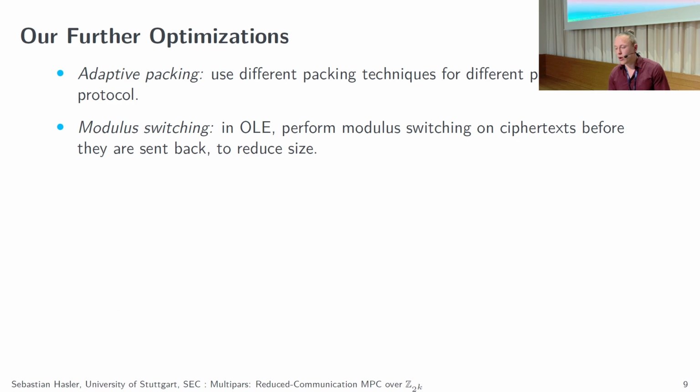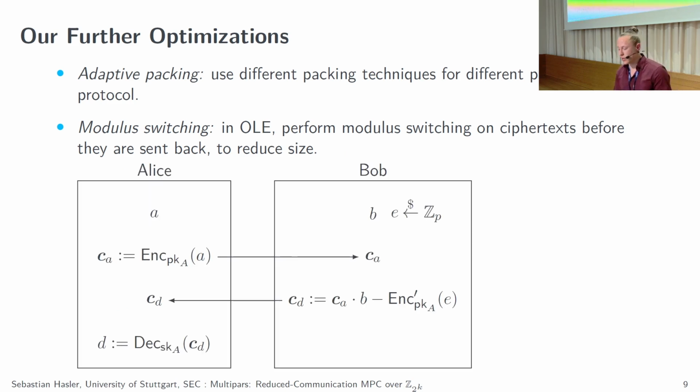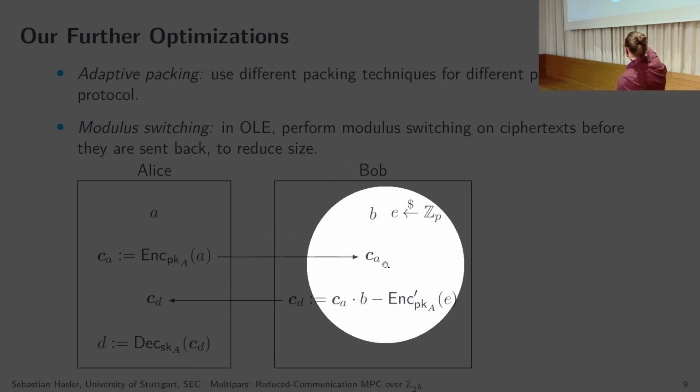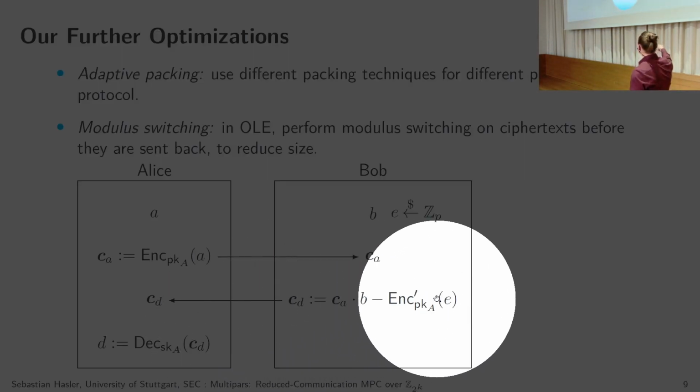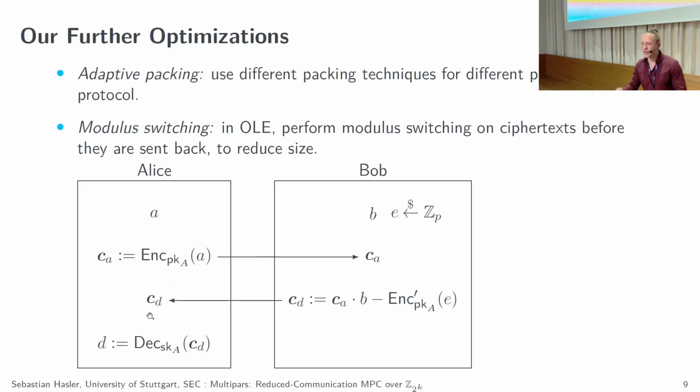Also, we introduced modulus switching in the OLE. Here, the first ciphertext which is sent has to have certain high parameters to guarantee security. But then we can use a modulus switching technique to basically compress the ciphertext that is sent back. So that saves on communication too.